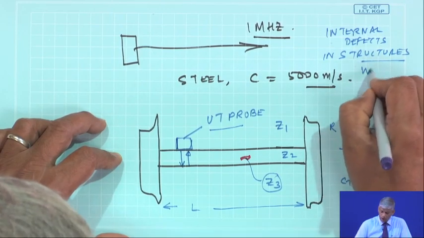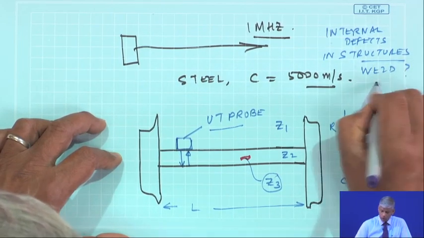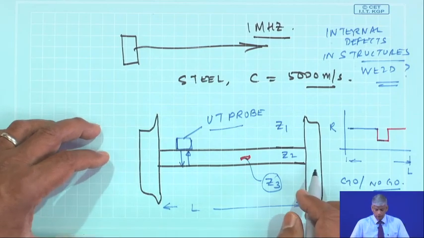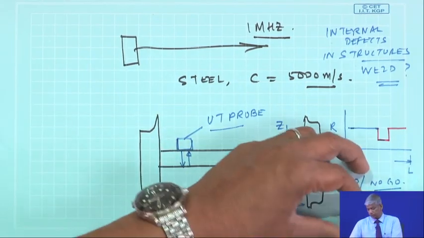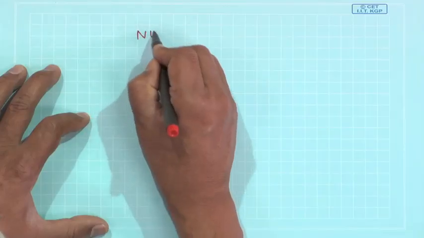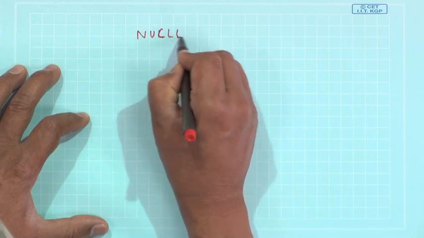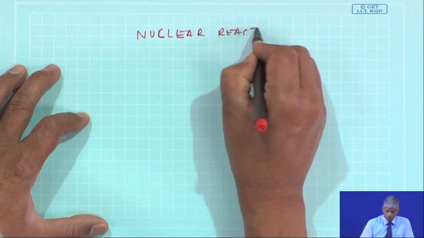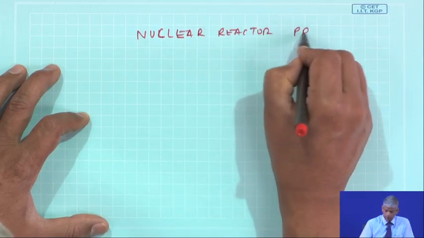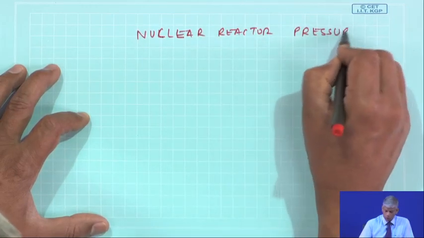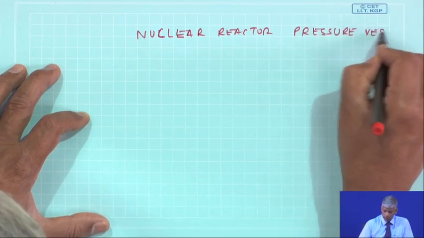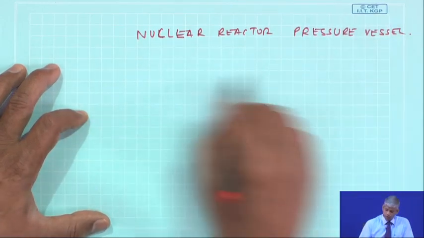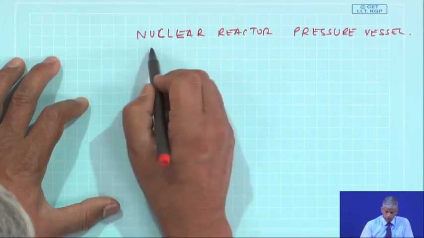Suppose you have welded a structure. How good is your weld? Okay. So, in fact, some of the standards which are particularly used in nuclear reactors, nuclear reactor pressure vessel are very important components.